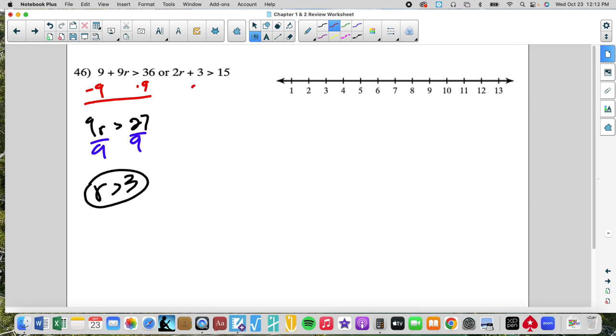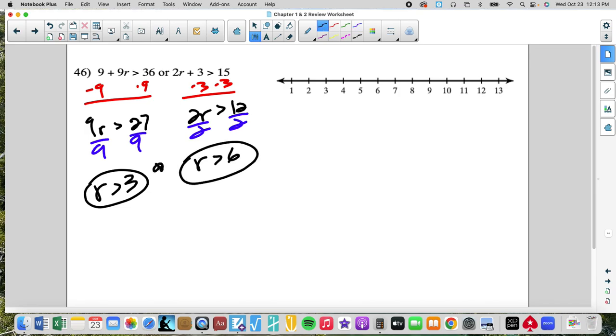We're going to subtract 3, 2r is greater than 12. Divide by 2, and we get r is greater than 6. This is an or statement, so r is greater than 3, or r is greater than 6.